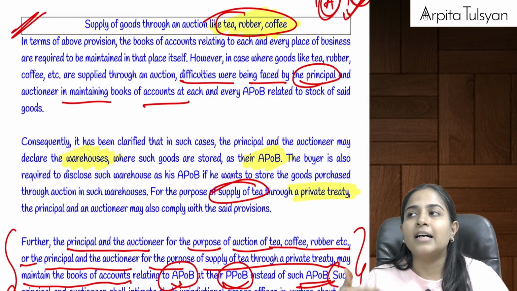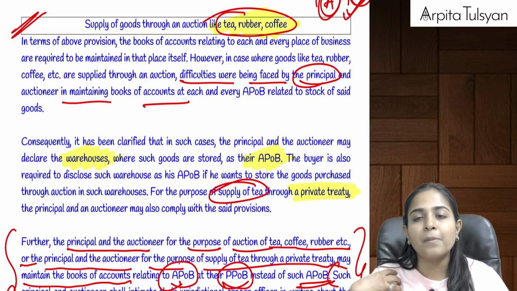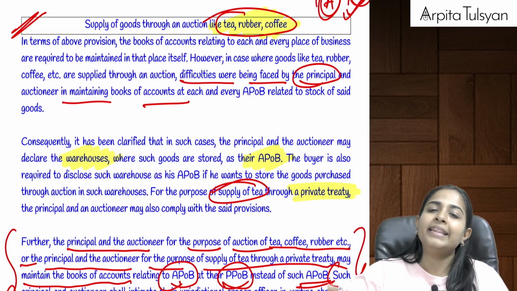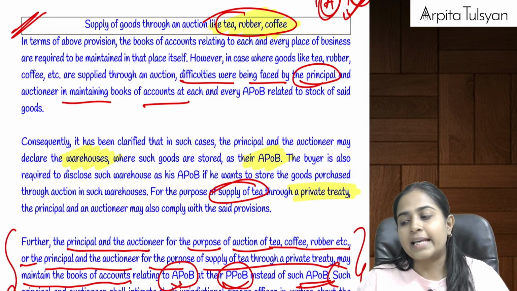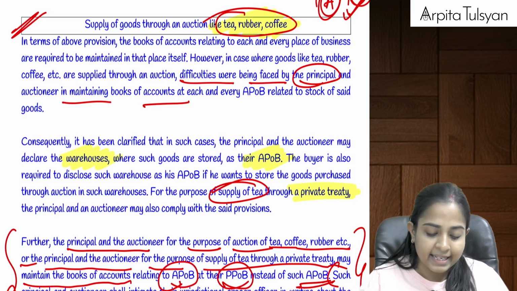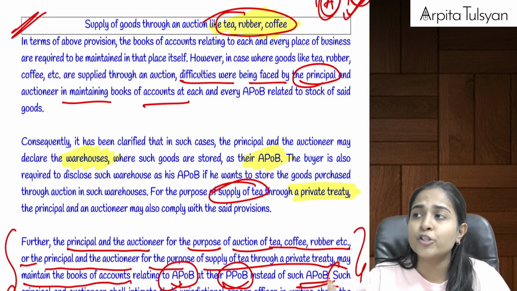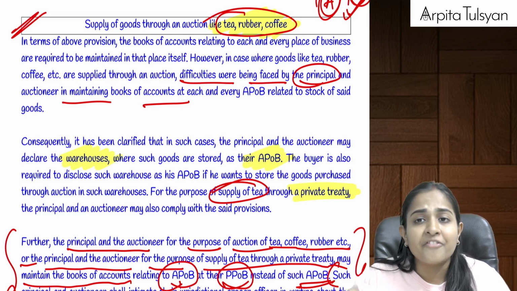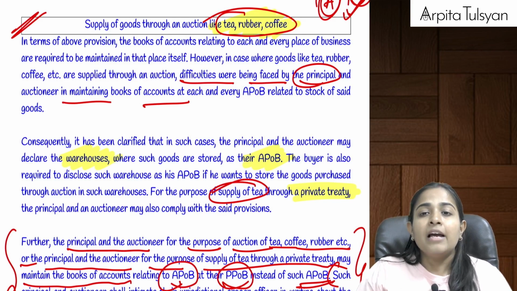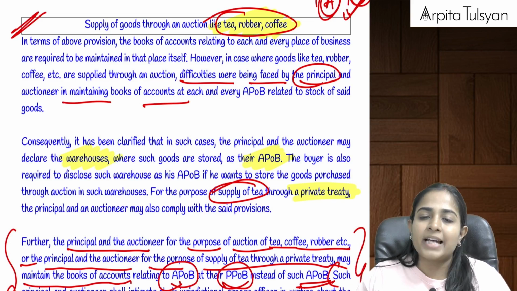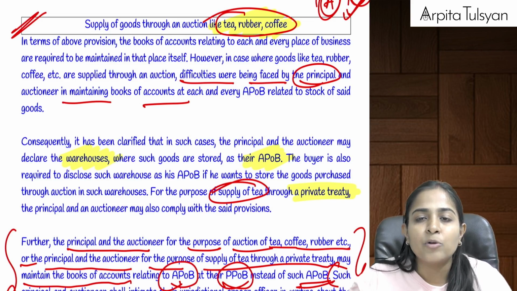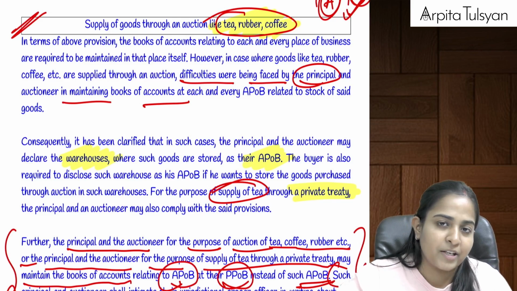When it is done through auction, there is a principal who wants to sell it through auction. Auction is conducted by the auctioneer, and then there will be a buyer. Normally, if you are storing tea, rubber, coffee in your warehouse, then that particular warehouse or place where the product is stored should be declared as your additional place of business, and records relating to that should be maintained at such additional place of business only.